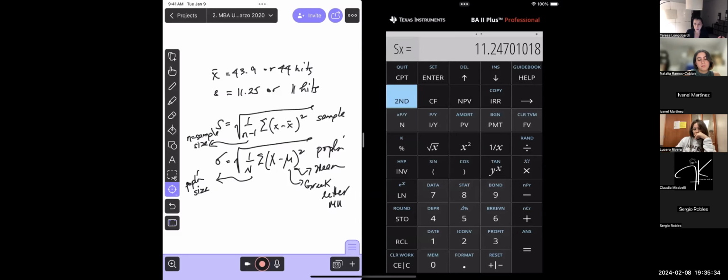So which one do we pick, S or sigma? This is the Greek letter sigma, or S.